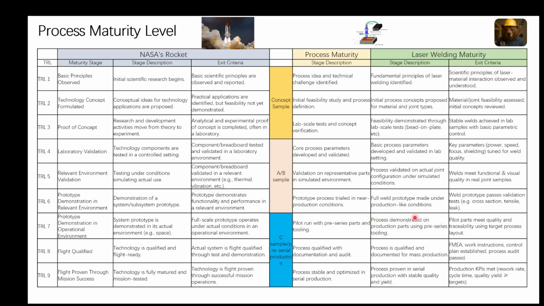This is getting to the serial production phase, and you need to check the process repeatability. Is it stable enough? Then the process is qualified and documented for mass production. Then you need to pass the PV, pass the PPAP, and so on. Then it's proven in serial production with stable quality and yield.